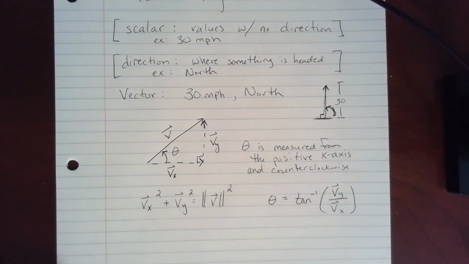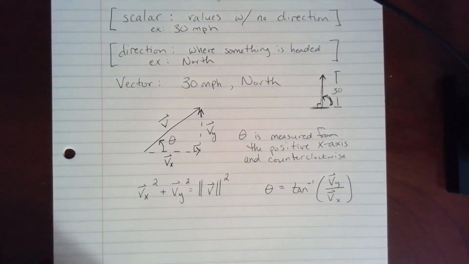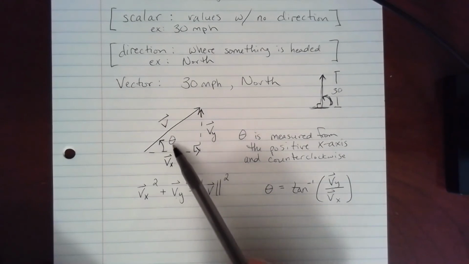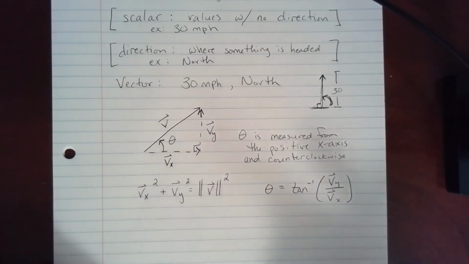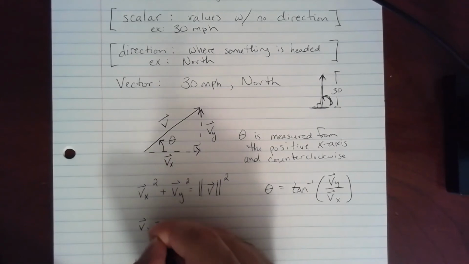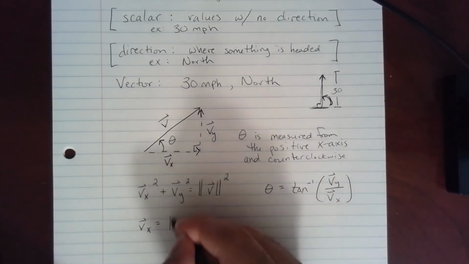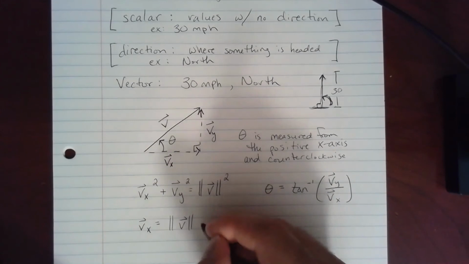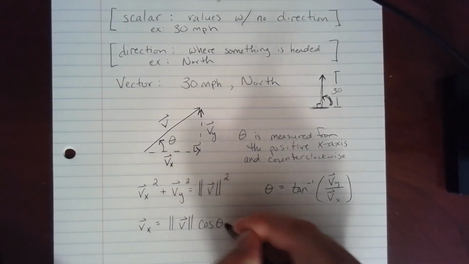But if we don't have our components, if instead we're working in the other direction, if they give us the magnitude and the angle, the magnitude and the direction, we could find Vx pretty simply. We could take the magnitude of our vector and multiply by cosine of our angle.